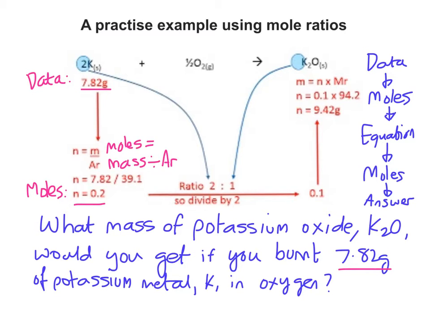So we've done the data, we've done the moles. Now the equation tells us that there's a 2 to 1 mole ratio, so therefore our 0.2 moles has to be divided by 2 to make 0.1. So we've just used the equation and we've got the second amount of moles. So that 0.1 can now be used to work out the answer.